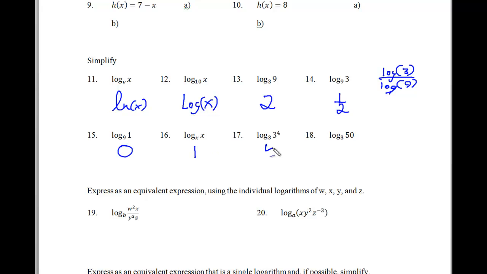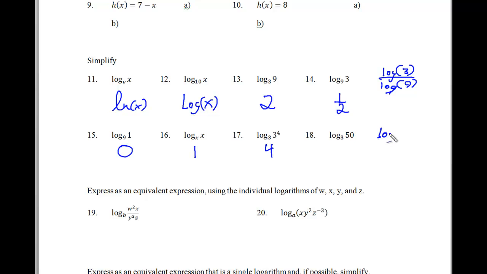Here, the answer is 4, because 3 to the what power is 3 to the fourth power. Or you could just think to yourself of moving the 4 to the front, and then log base 3 of 3 is 4 times 1, which is 4. Now this one here was one of the classic problems we had in our worksheets. You can't actually say 3 to the what power is 50, because 3 to the third power is 27, and 3 to the fourth power is 81.